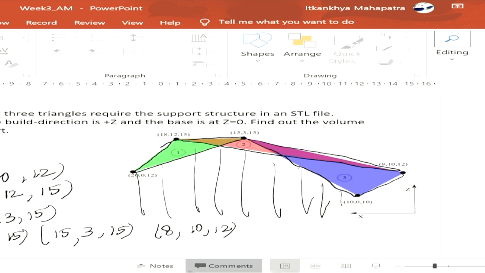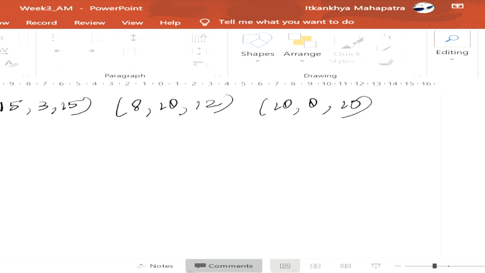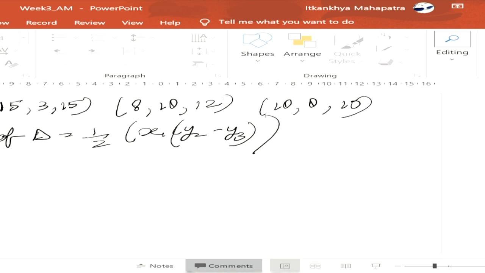Now we'll do the first triangle serially. So area of triangle 1 is equal to half x1 (y2 minus y3) plus x2 (y3 minus y1) plus x3 (y1 minus y2).